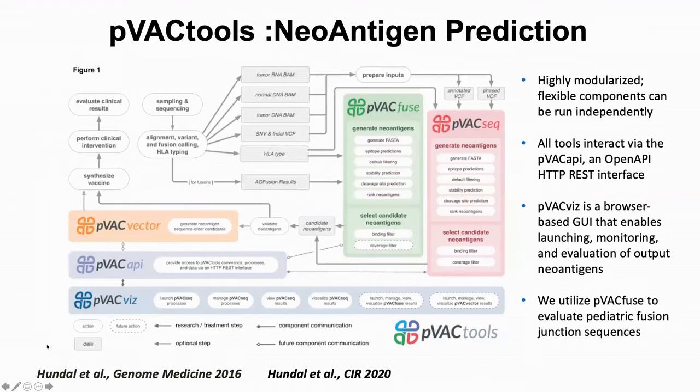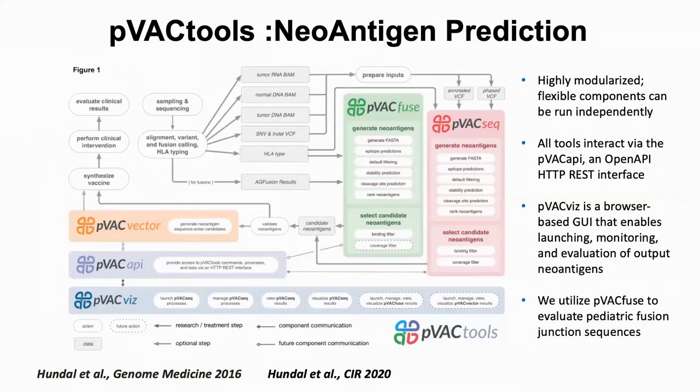And then, of course, one of the things you may know from our work is the ability to do neoantigen prediction. We recently published an update to pVACtools, from the 2016 paper in Genome Medicine, in Cancer Immunology Research earlier this year, for the pVACtools tool set that's shown here. This is a highly modularized approach with flexible components that can all be run together or independently.